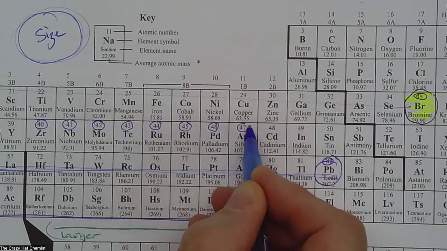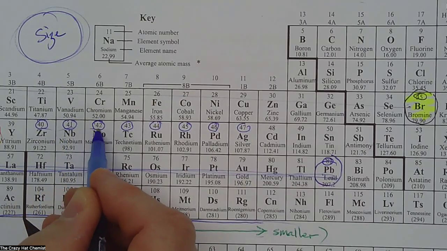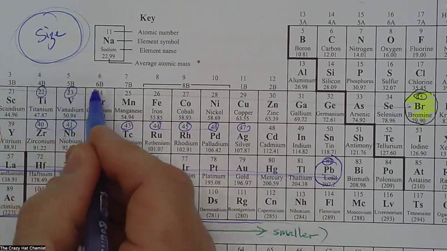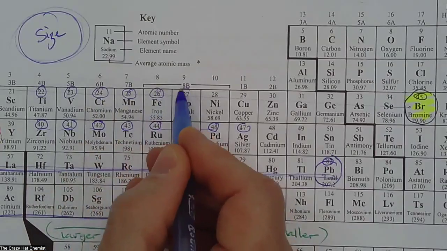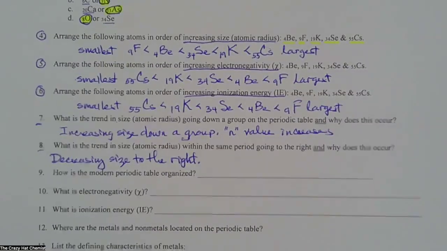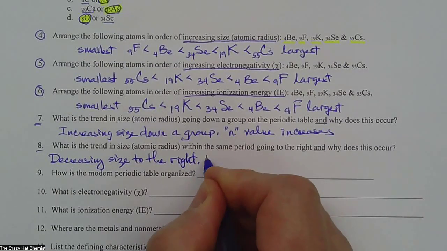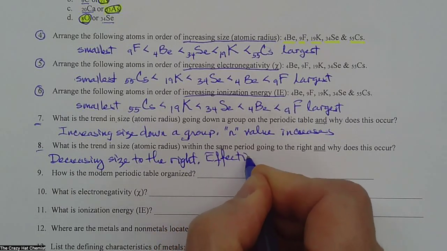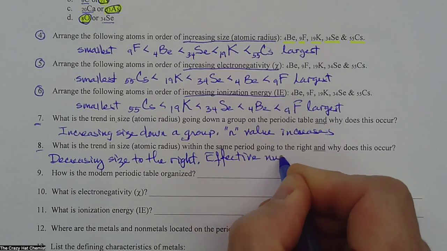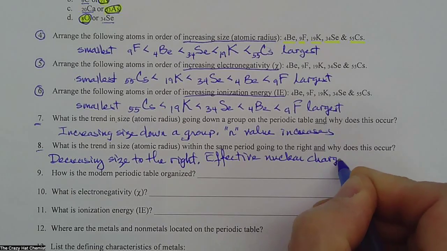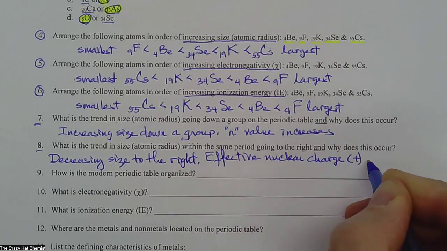The atomic number is increasing: 41, 42, 43, 44, 45, 46, 22, 23, 24, 25, 26, 27, 28. Whichever period you go in, as you go to the right, you're increasing. And that is the effective nuclear charge. That's the protons increasing.